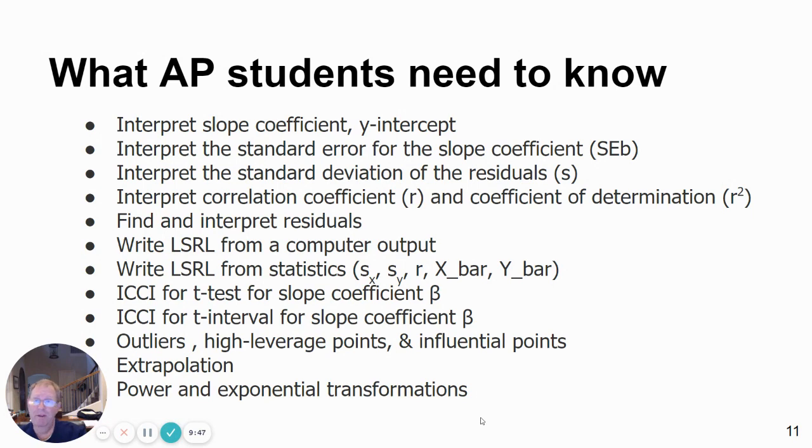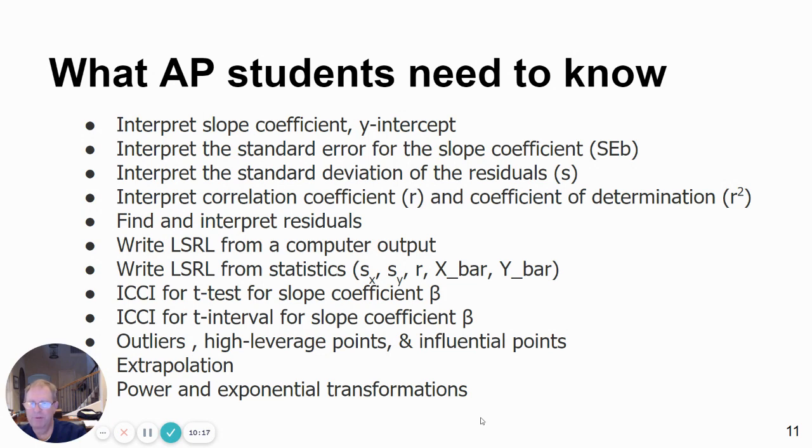You need to be able to interpret the slope coefficient and the y-intercept, the standard error of the slope coefficient and the standard deviation of the residuals, the correlation coefficient and the coefficient of determination. You have to find and interpret the residual plot.